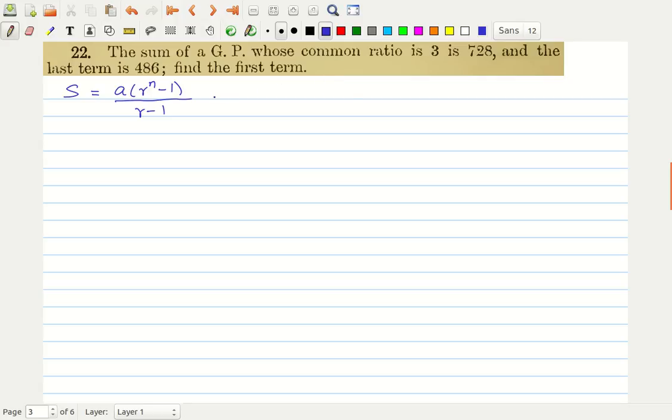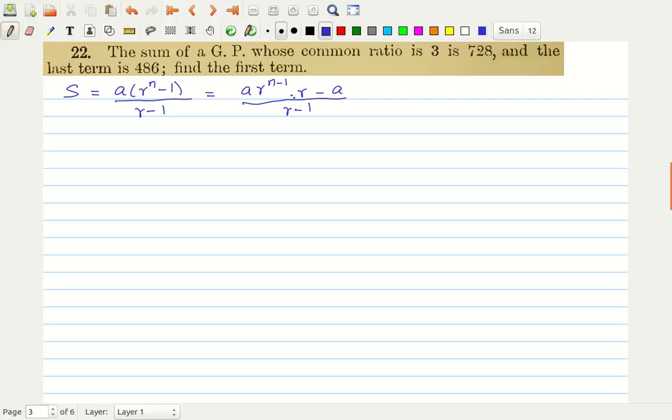Okay, we can also write this as a times r to the power n minus 1 times r minus a, divided by r minus 1. All I am doing is distributing a on this expression. So this becomes a r to the power n minus a.